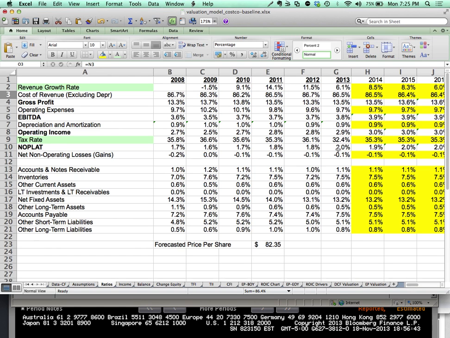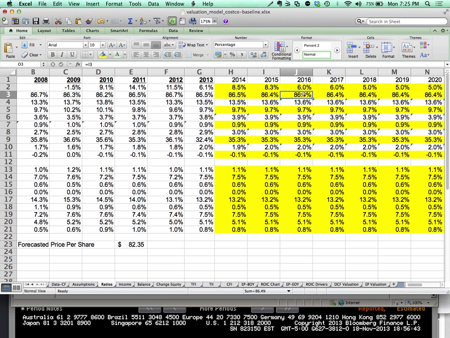So that's the margin. So here's what I'm going to do. I'm not going to change the margin in the first 2 years. I'm going to go to year 3, change my cost of goods sold. What if instead of 86.2, and I could see that they were at 86.2 here historically, and the changes didn't seem all that dramatic, what if instead of 86.4, they went to 86.1? And a couple years later, instead of 86.1, they went to 85.8?